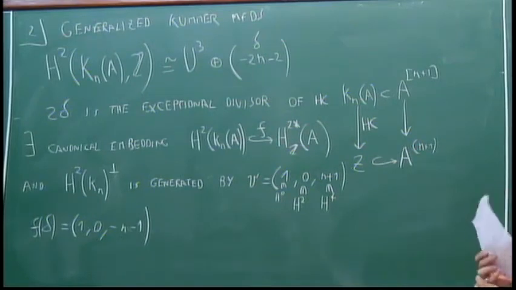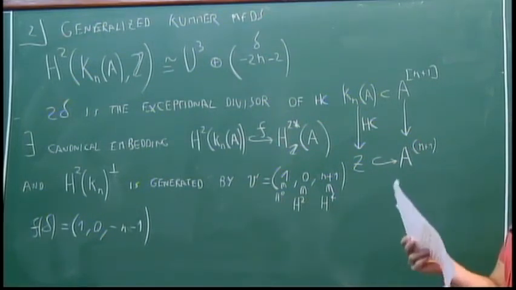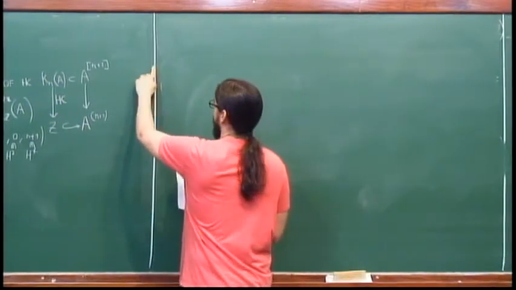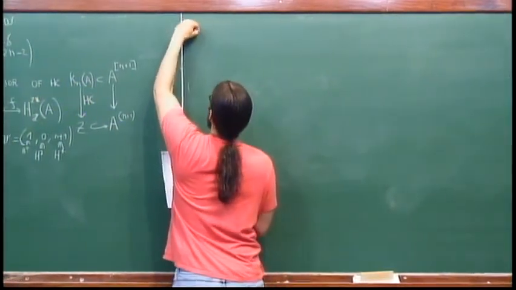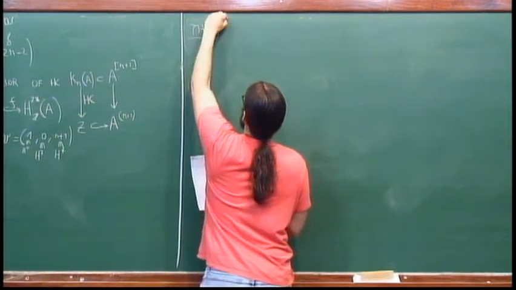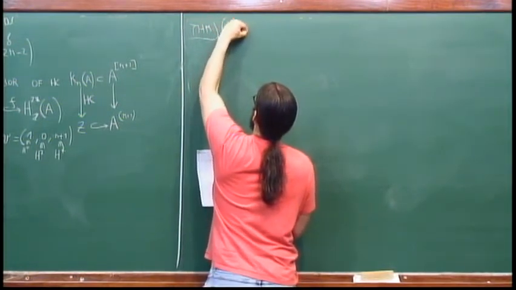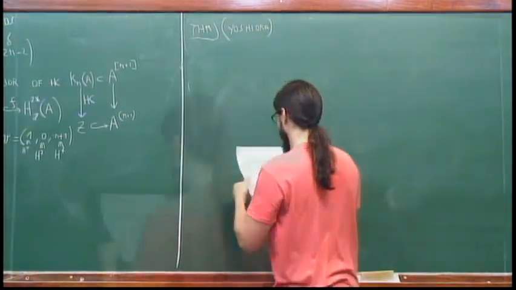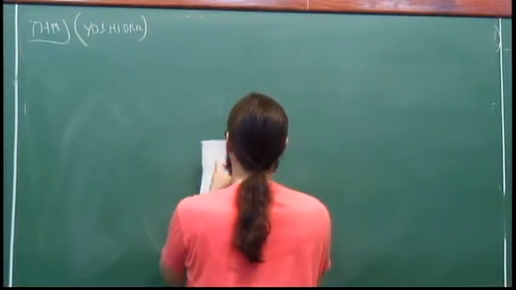So since I want to use the description of wall divisors, there better be some such description, and indeed, it's a result of Yoshioka.